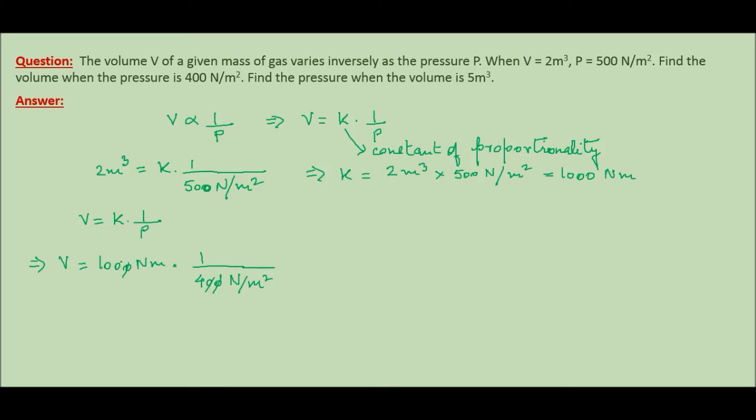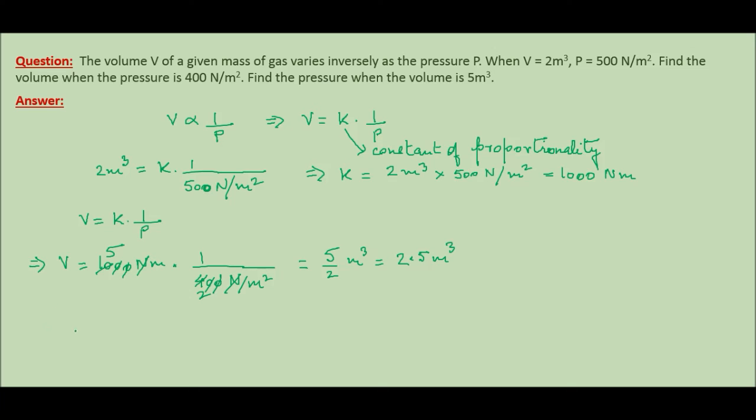These two can get cancelled, and over here it is meter, and this is meter square in the denominator, so it will be going up, but these two will get cancelled. So we have 5 by 2 meter cube or 2.5 meter cube. This is our first answer, the answer to our first question.